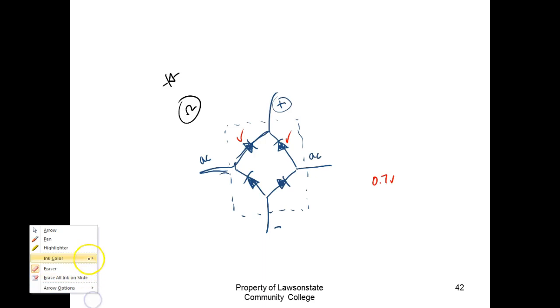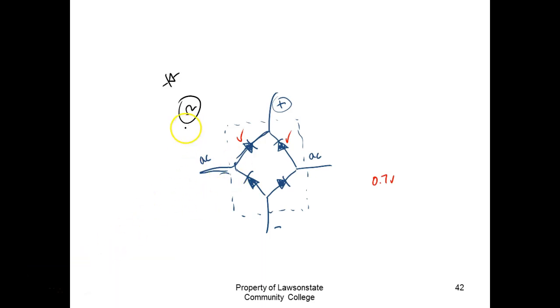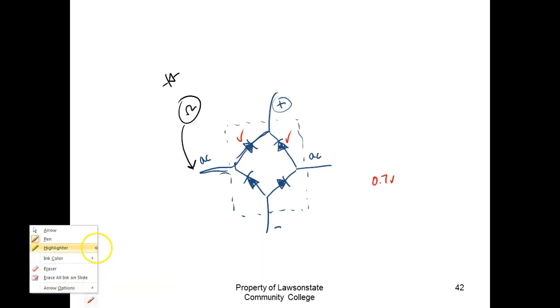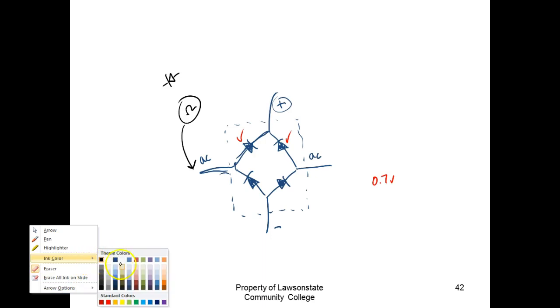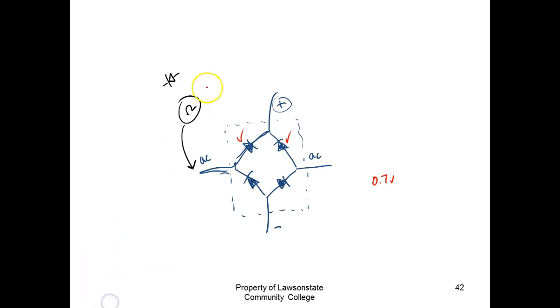so we can finish this up now. So I would take my black lead and hook it to my AC. And then I would touch this, and what would that do for us?